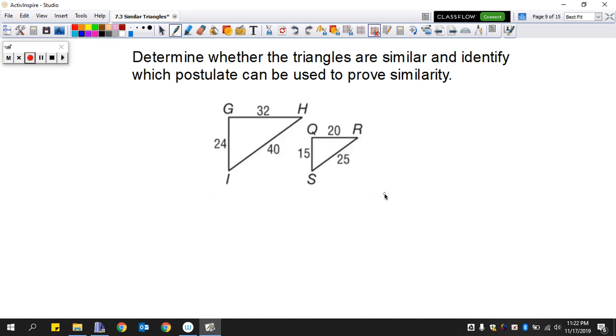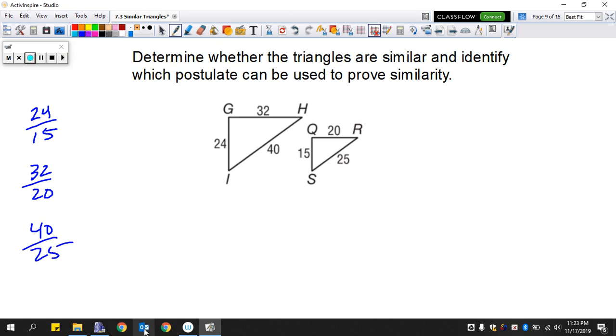Right? And in this one, we're given three sides. Okay? So we have 24 to 15. We have 32 to 20. And we have 40 to 25. Okay?